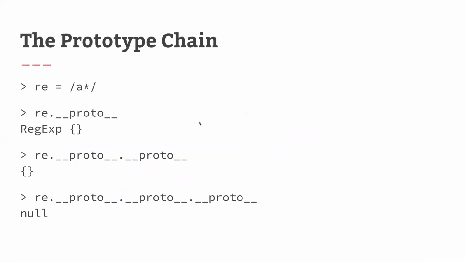All right, so let's talk about the prototype chain. If I make a regular expression, we know that's a regular expression because it's bound by forward slashes. And then I ask what its prototype is. This is how you ask what its prototype is in Node. You do re.dunder, which is double underscore, dunder proto. So let's actually do this. What does that regular expression mean?